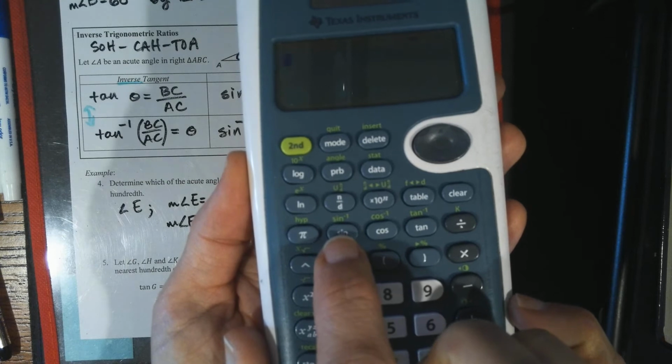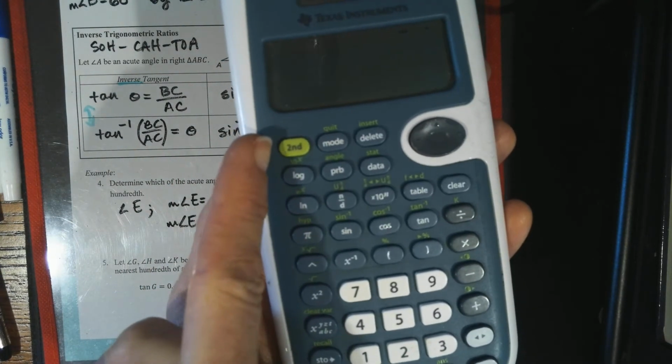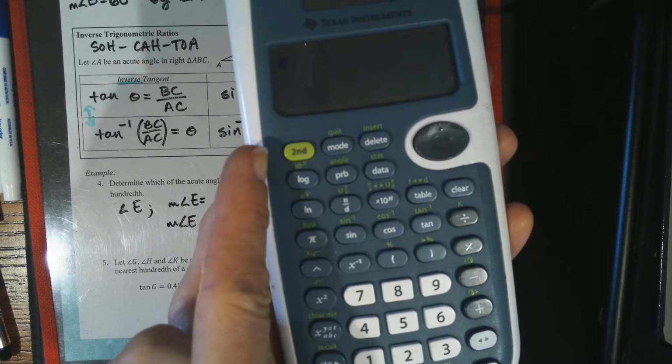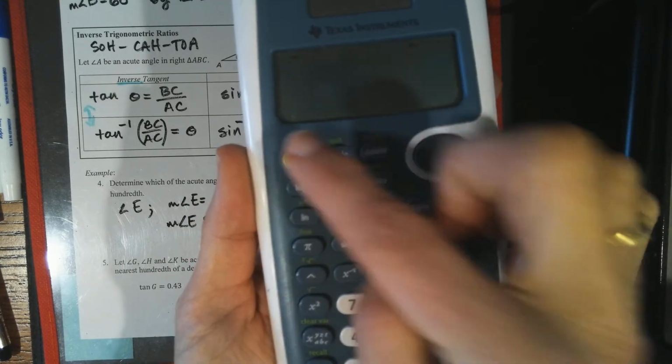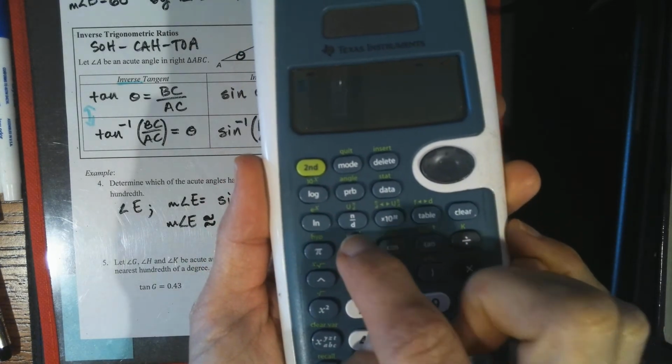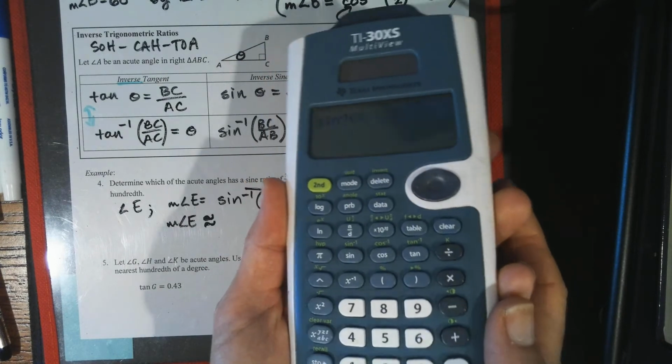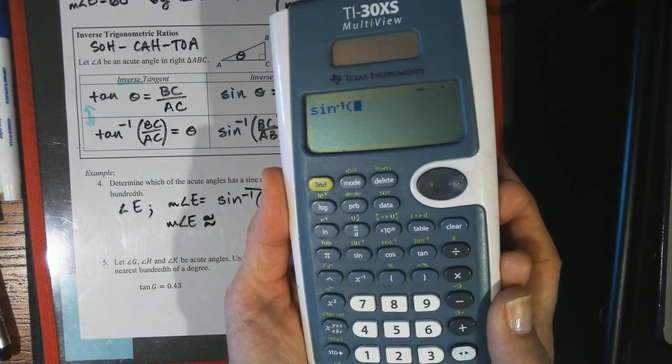Because it's green, I have to press the second button first. If I press second and then sine, it gives me that function, and you can see it says sine to the -1.